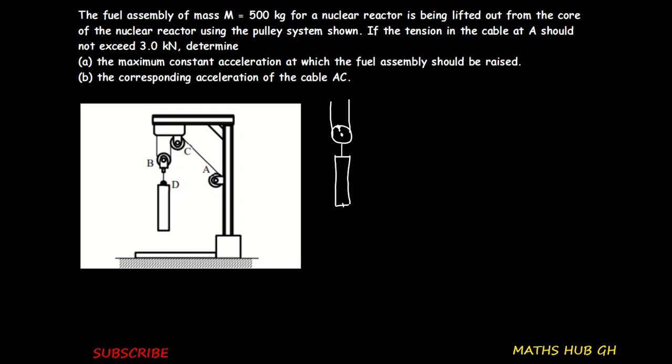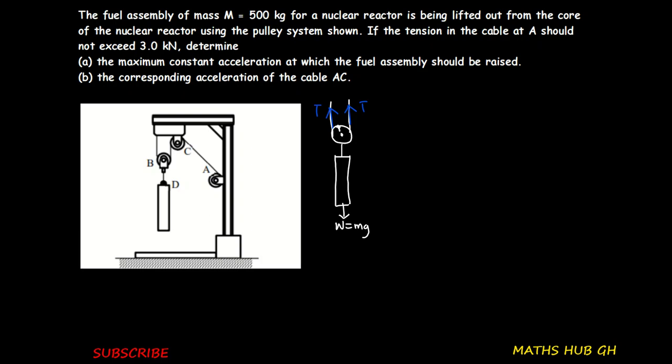You are going to have the weight force of the full assembly, and then you are going to have tension in the cable. We're going to have one here and then one here. Those are the forces that will be acting on the full assembly.